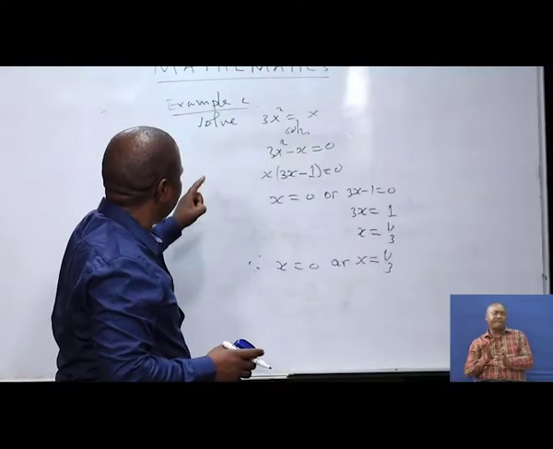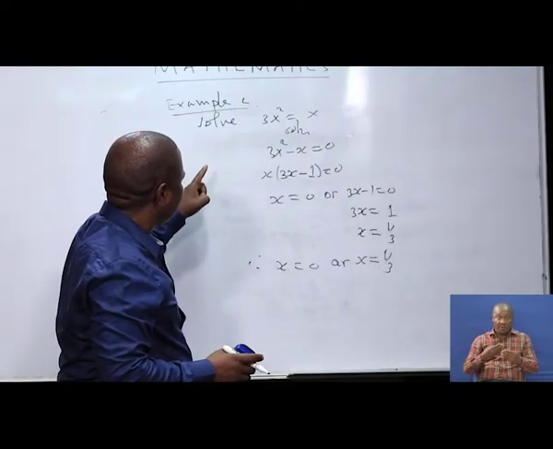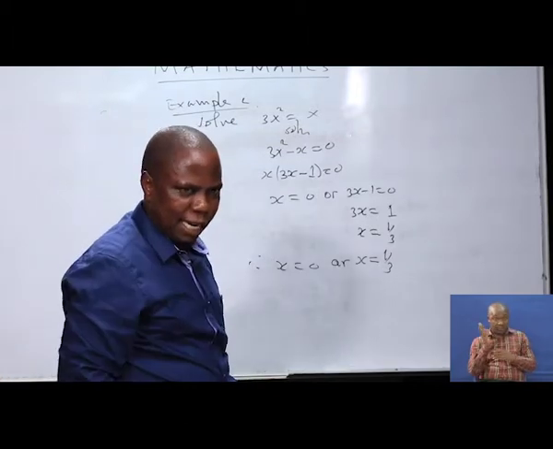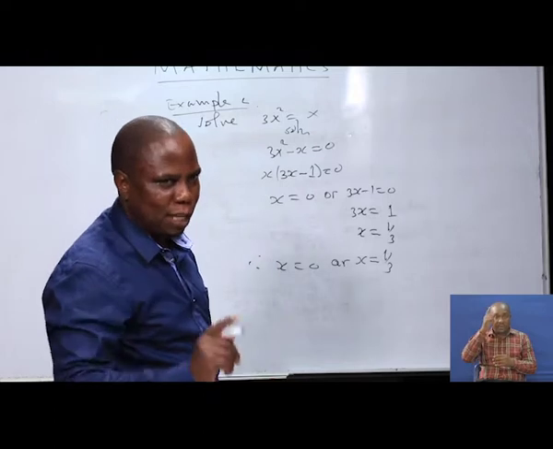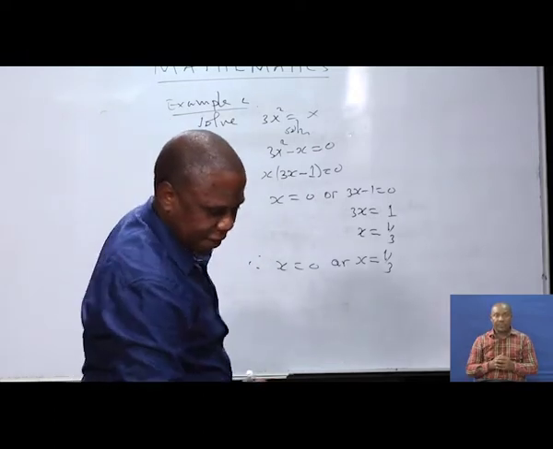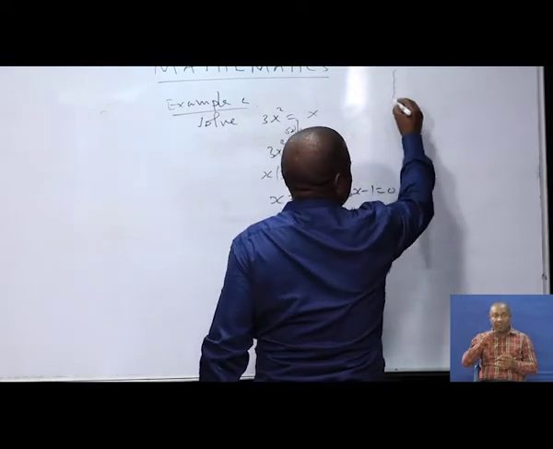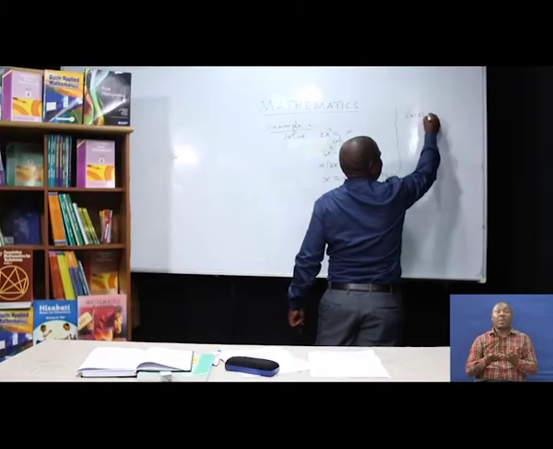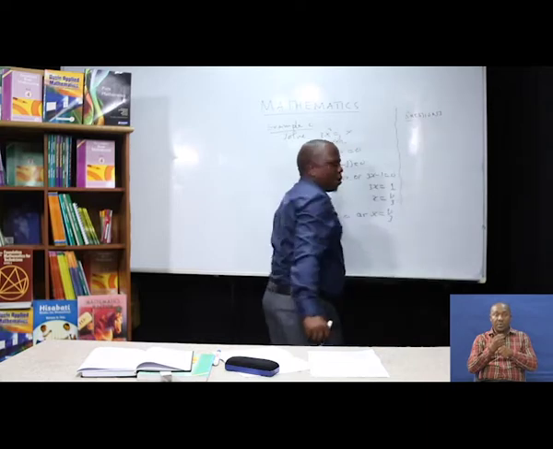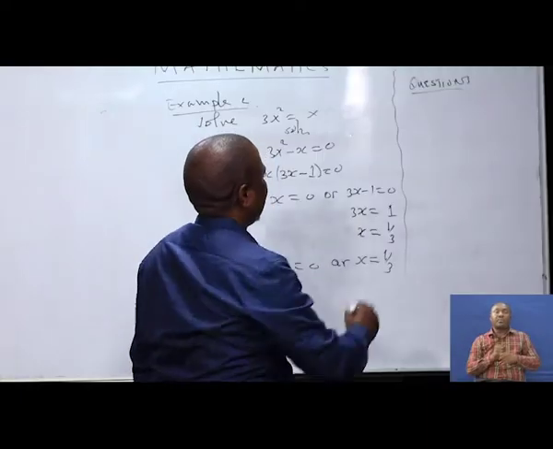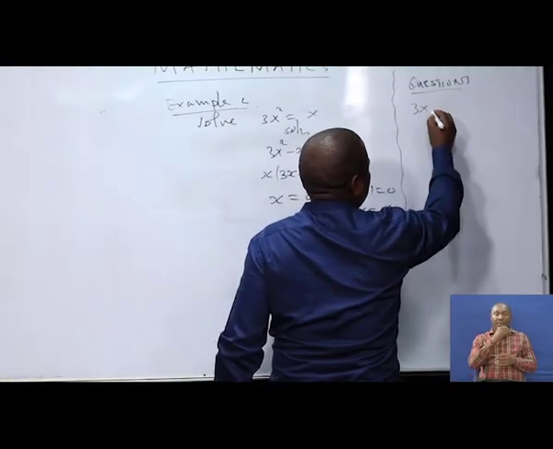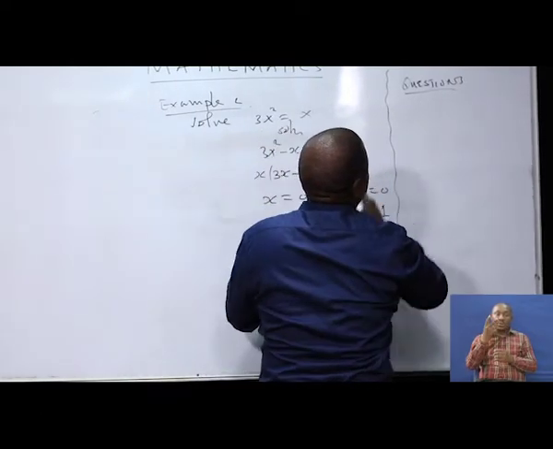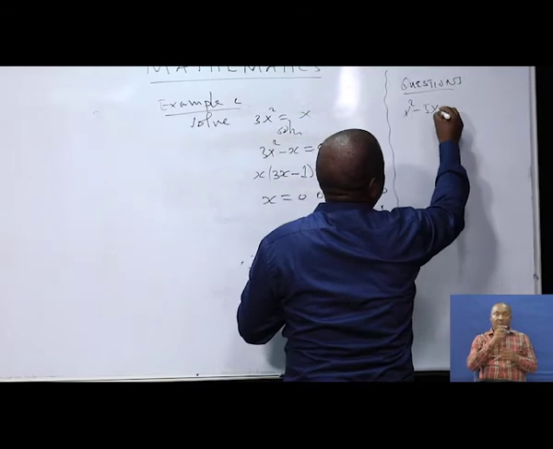But before going into the next example, let me give you these questions, and I think you can attempt them in just 1 minute. I'd like to see how you attempt them. I have the first one here. I'm writing these questions here for you. I want to do them within only a minute. 3x, no, let me choose another number, that's too simple. x squared minus 5x is equal to 0.